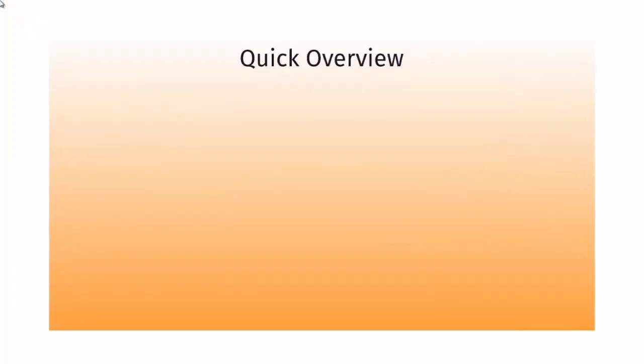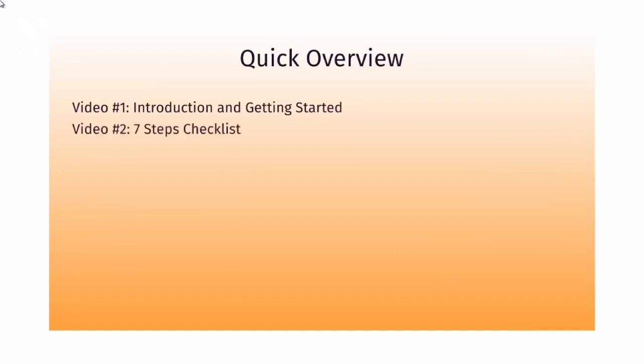Now what I want to do is give you a quick overview of the video course itself. This is video number 1. Video number 2 is the 7 steps checklist. And for videos 3, 4, 5, 6, 7, and 8, we're going to dive deeper into those 7 steps.